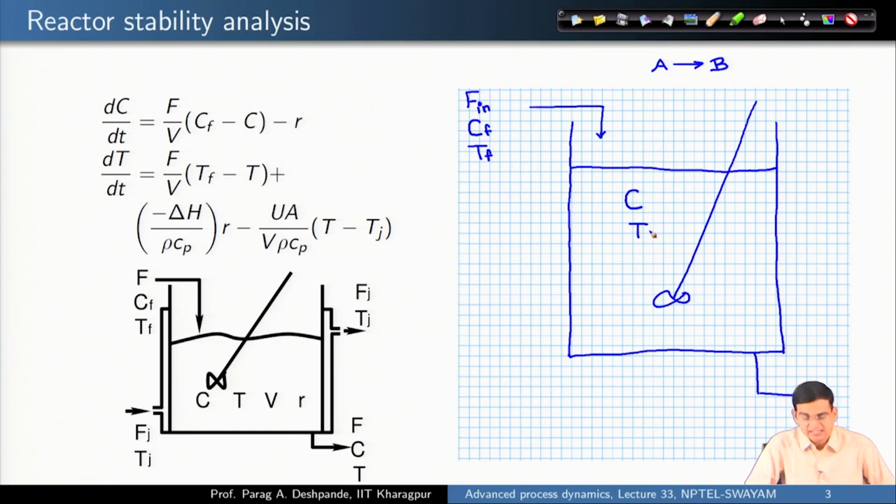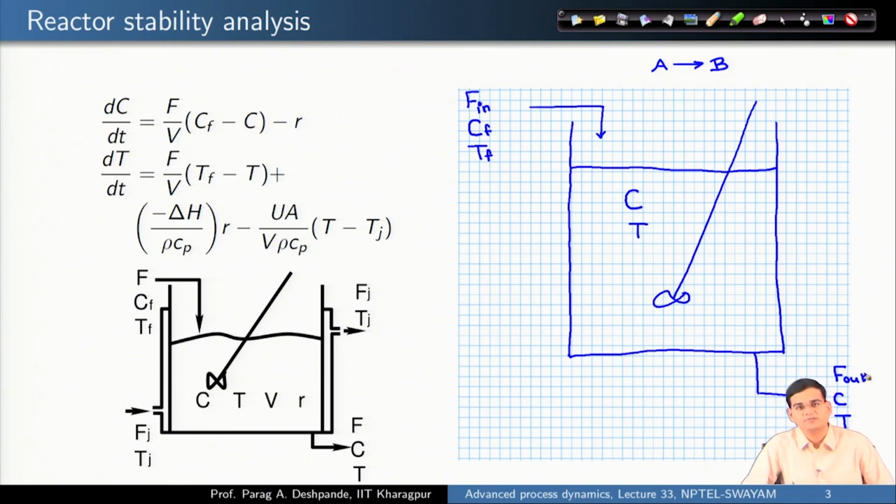And since the contents of the reactor are simply flowing out from the outlet stream, you can say that the contents at the outlet also have the concentration C. They are at temperature T, but the flow rate may be different. At this point of time, we may not say anything about the flow rate. So, therefore, the volumetric flow rate is F out.